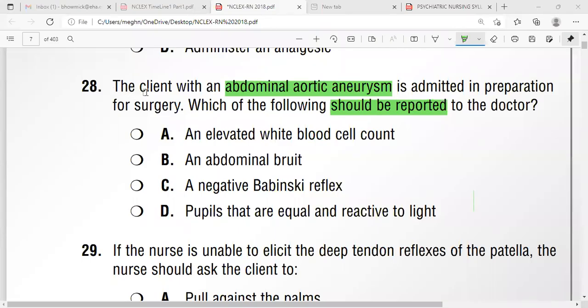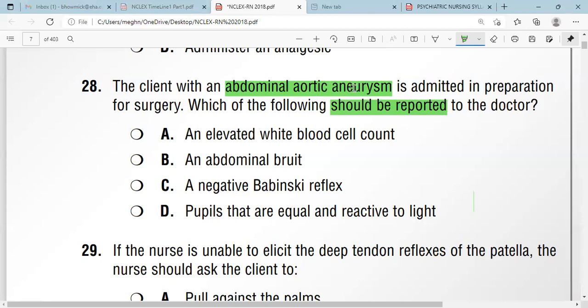So question here: the client with abdominal aortic aneurysm is admitted in preparation for surgical operation. Which of the following should be reported to the doctor? So a patient admitted because of an aneurysm, in the abdominal aorta.